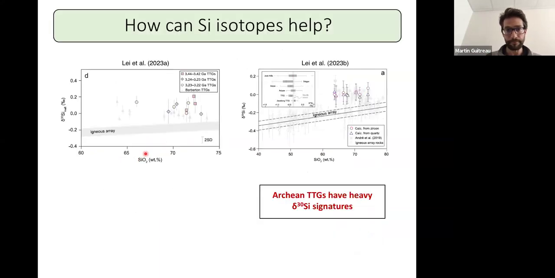Now, if we get to Archean TTGs, there were recent papers by Ley where he compiled previously published data. You find the igneous array here and here as well with the actual data in the background. And what you can see is that contrary to S-type granitoids, these Archean TTGs plot above the igneous array.